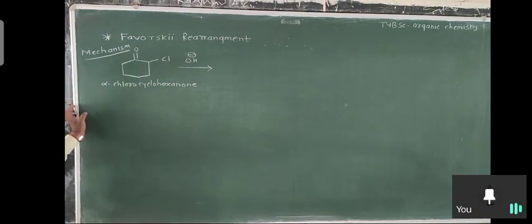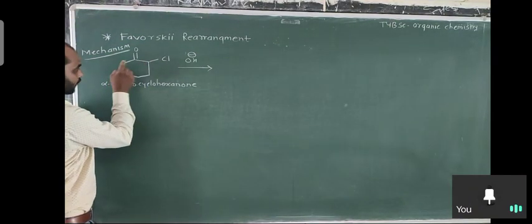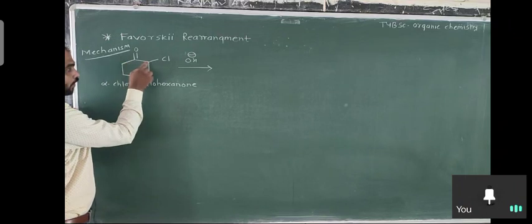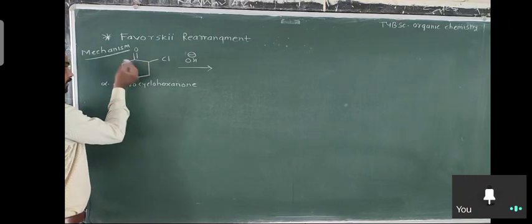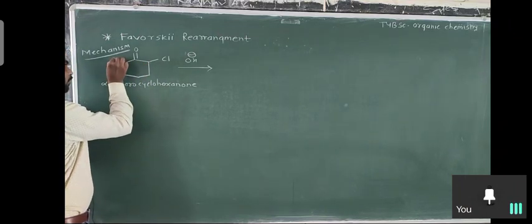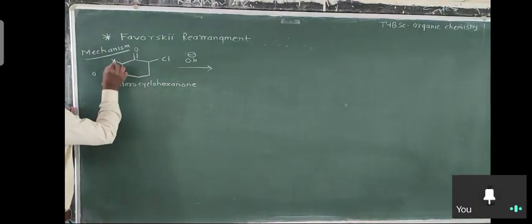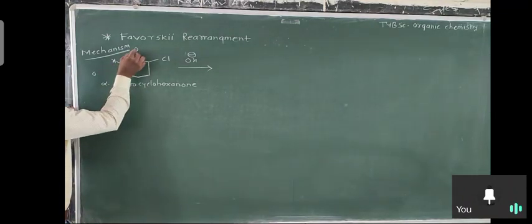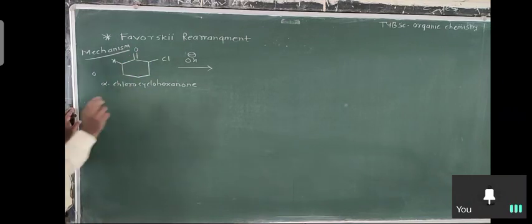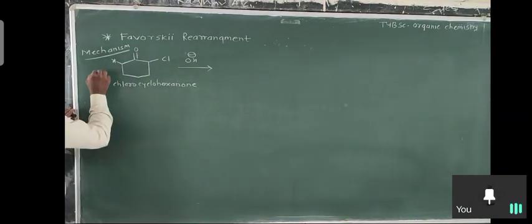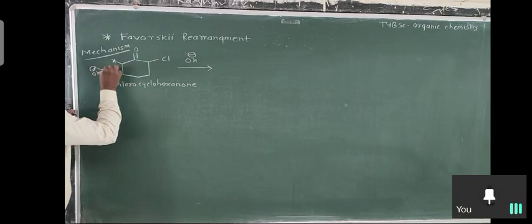In the first step, here is the alpha position with Cl. The other alpha position has hydrogens. These hydrogens are acidic due to the carbonyl group. So OH minus in the first step abstracts this proton.